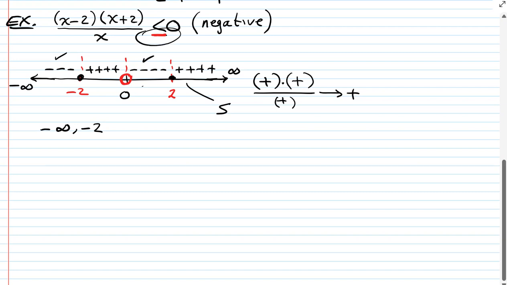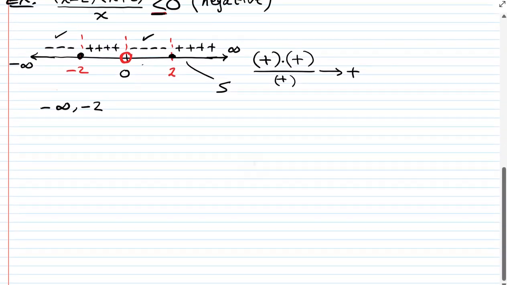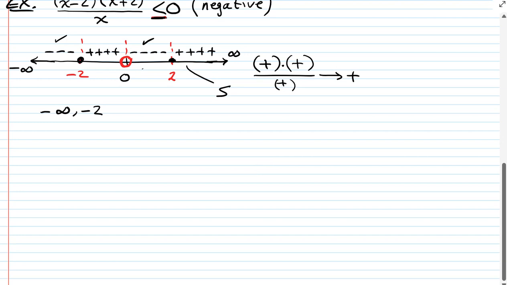Because I have the equal sign. This was included to begin with. So I have from negative infinity to negative 2, and we put a bracket here. And then the negative picks up, union from 0 to 2 close bracket. And that will solve this inequality.